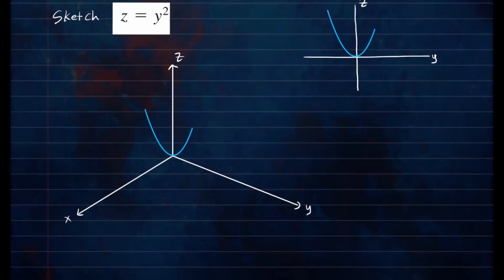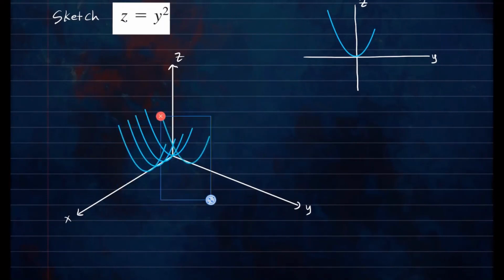Since x could be any value, x really doesn't come into the picture. So this parabola is going to extend along the x-axis. I'm just going to make a lot of duplication of this picture and make it extend along the x-axis like that. So this is how the picture would appear in three-dimensional space.